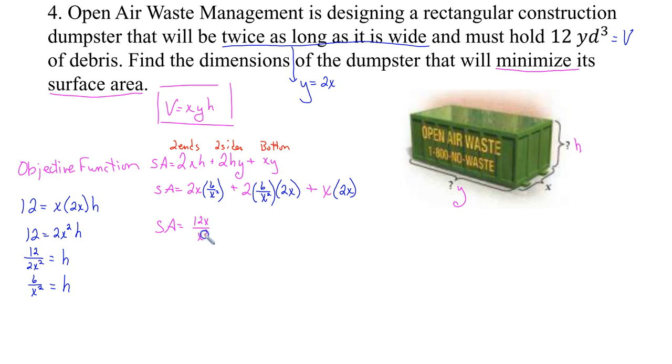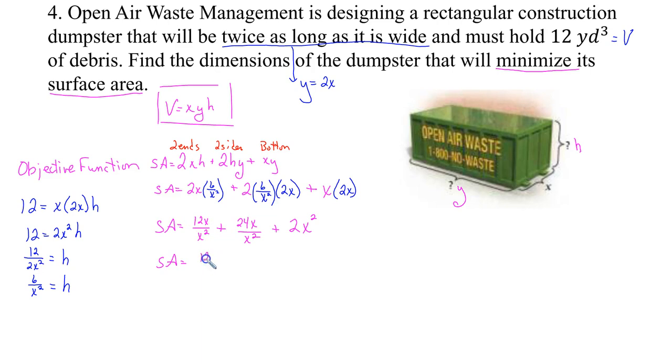We will simplify that also. I'm just taking little steps here. 2 times 2 times 6 is going to give me 24. So I have 24x over x squared. And then finally, I have 2x squared. Cleaning this up as much as possible before I try to find the derivative will just make your life easier.